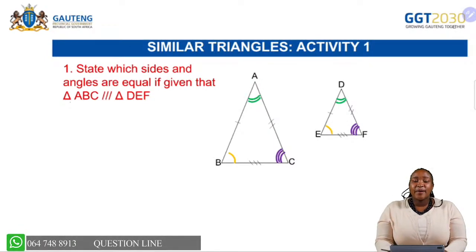All right, welcome back, grade 9 learners. Please do send us pictures of this work as you are going through it. We would like to see how you are doing. All right, so the activity says state which sides and angles are equal if you are given that triangle ABC is similar to triangle DEF.